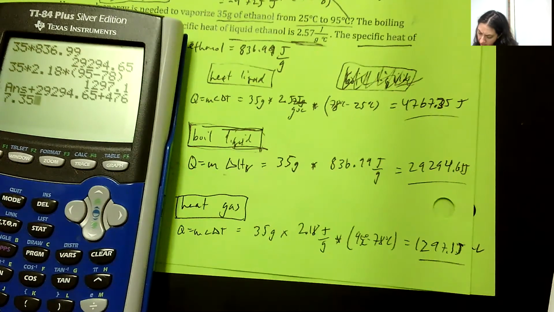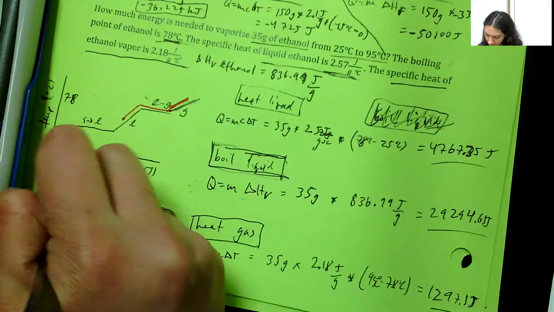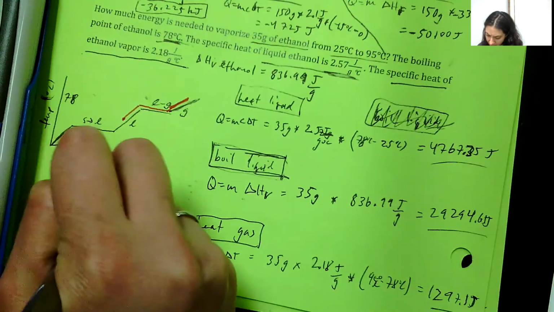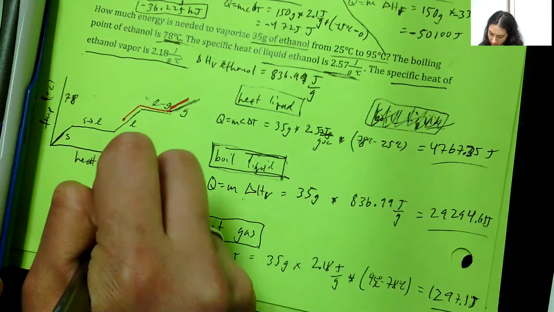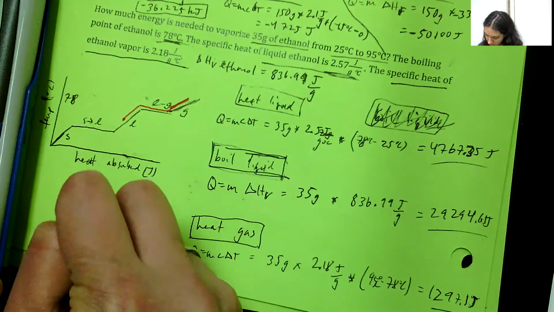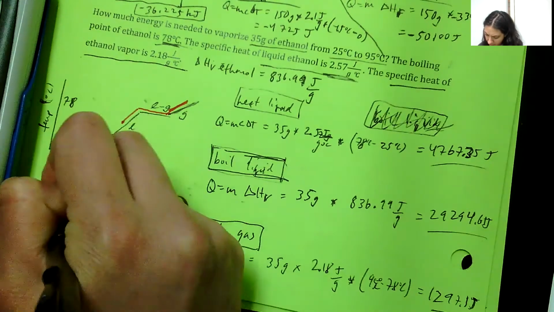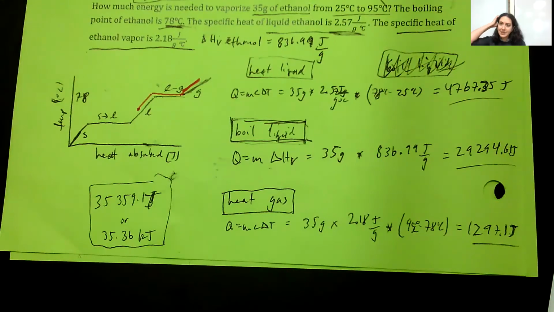Okay, and it looks like our total answer is 35,359.1 joules, or 35.36 kilojoules. So that's how much energy it takes to boil some ethanol.